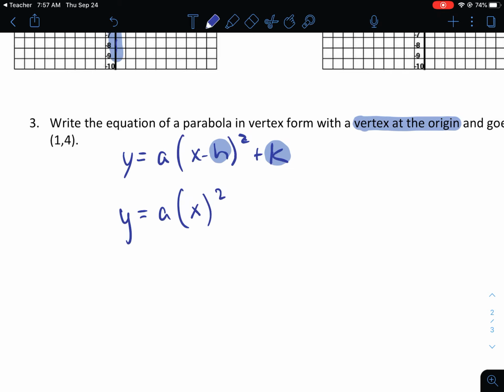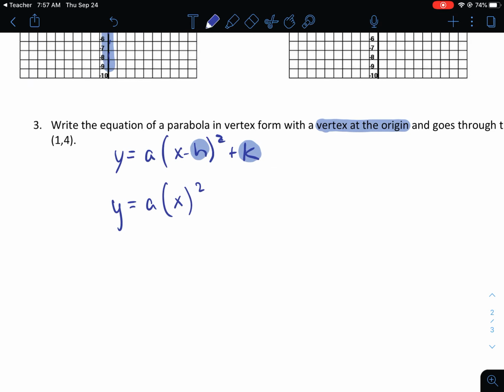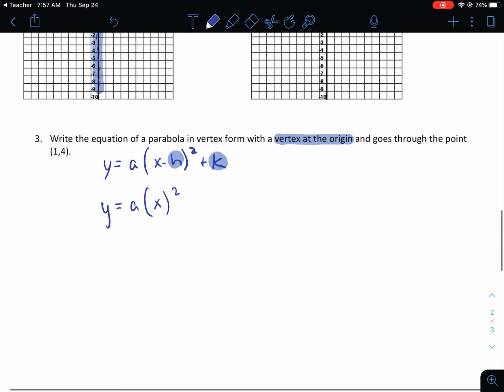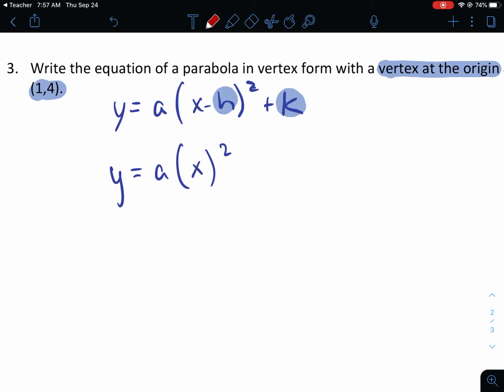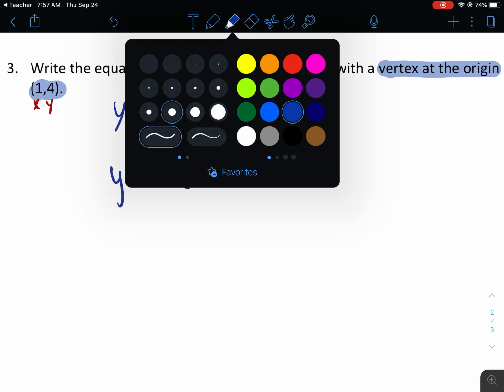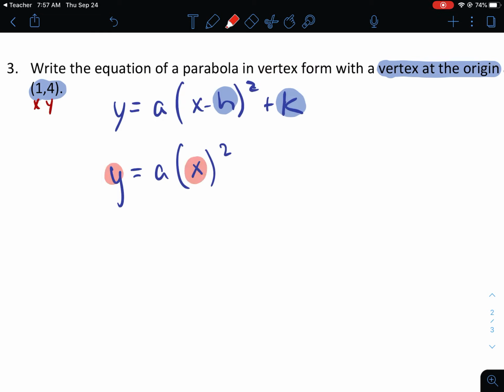But now, here's the other part, the information that they give us. It says that it also goes through the point (1, 4). What we can do is use the x and y in that point and substitute them for the x and the y here, because our goal, what we need to do, is find a.